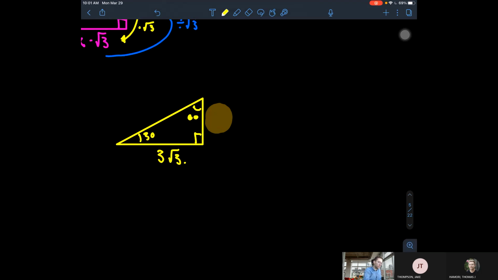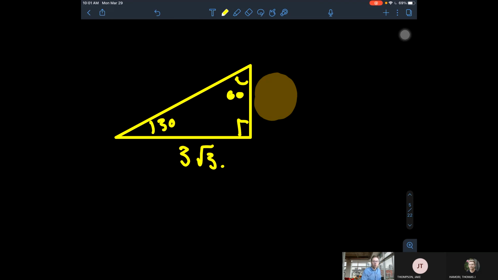So, what should the side length be? Thought it was similar to what I did in homework, though.